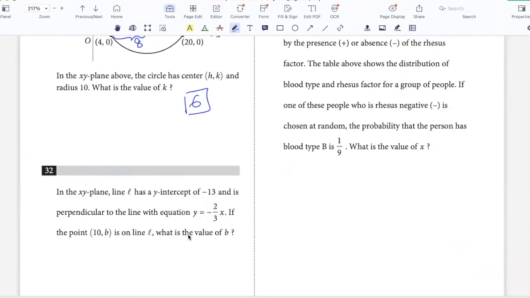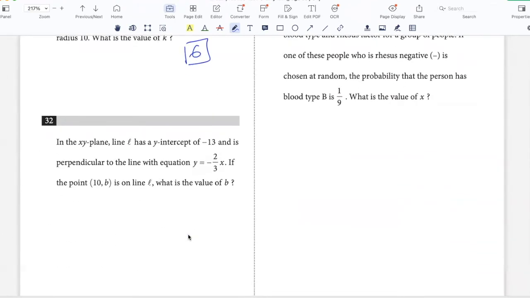Okay. In the xy plane, line L has a y-intercept of negative 13 and is perpendicular to the line with this equation. If the point 10 comma b is on line L, what is the value of b? Okay, so the y-intercept is negative 13. So C is negative 13 and the slope will be 3 by 2, because the line is perpendicular to this line that has a slope of negative 2 by 3.